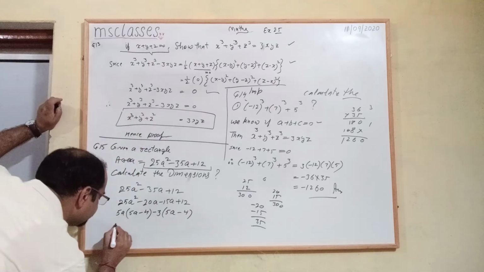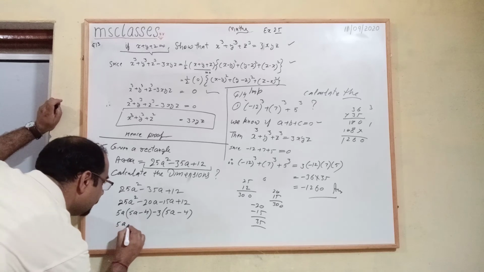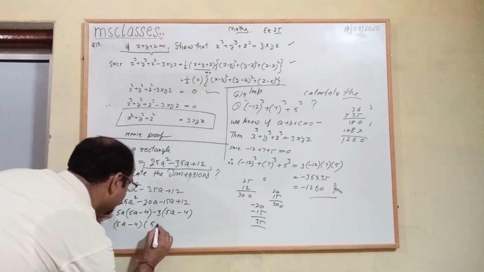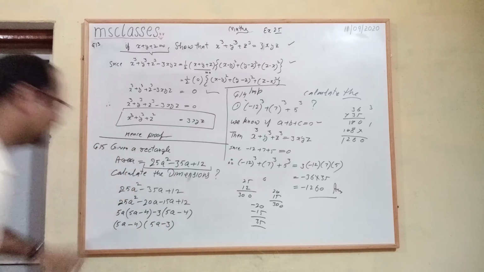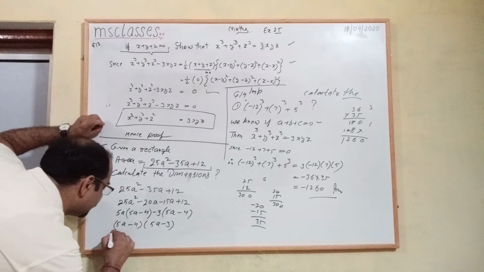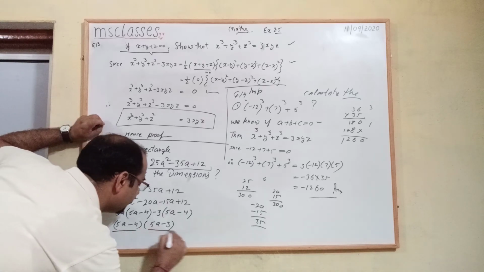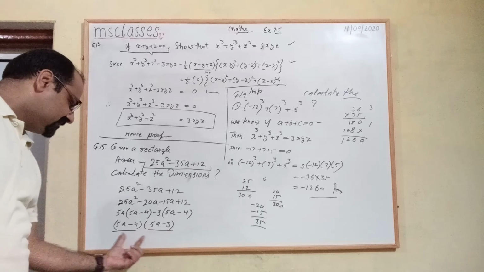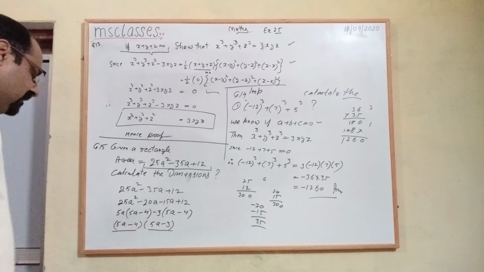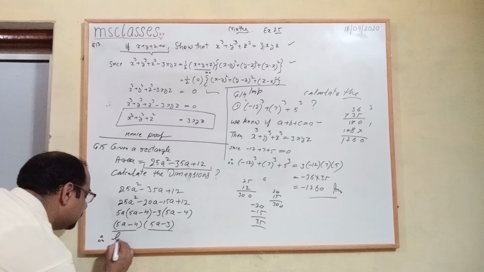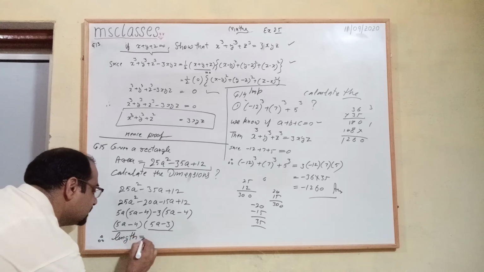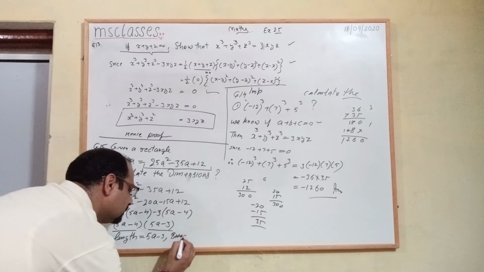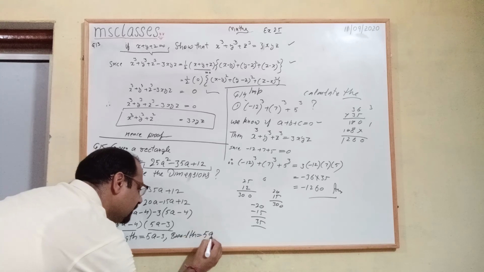Here again, you have 5a minus 4 common, and then you are left with 5a minus 3. So you have these two factors, 5a minus 4 and 5a minus 3. Here the bigger one is 5a minus 3 and the shorter is 5a minus 4. Therefore length is equal to 5a minus 3 and breadth is equal to 5a minus 4.